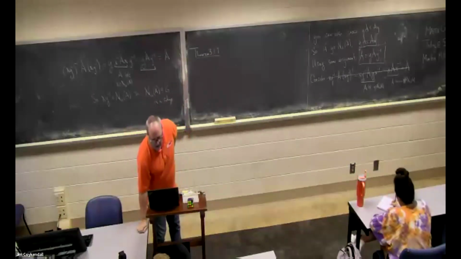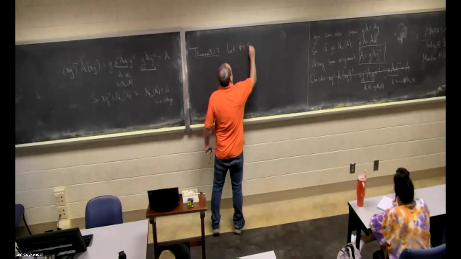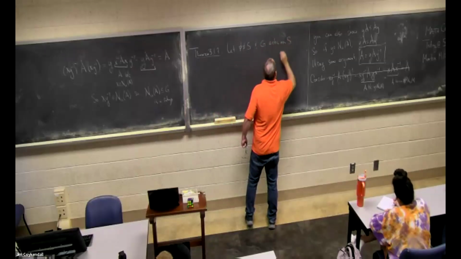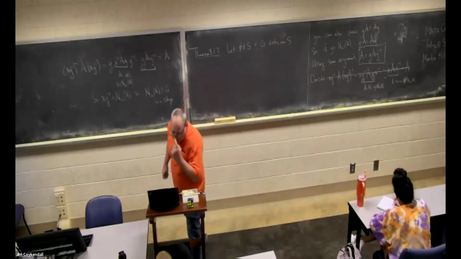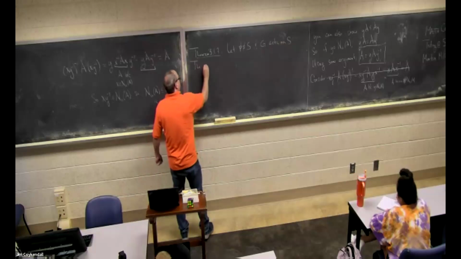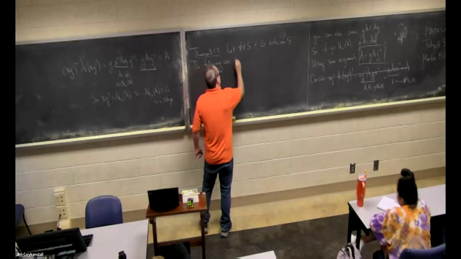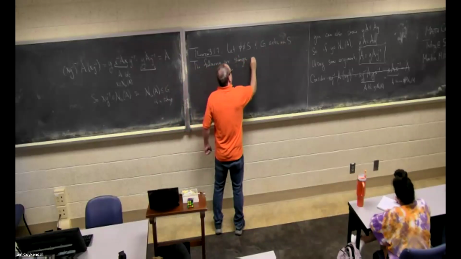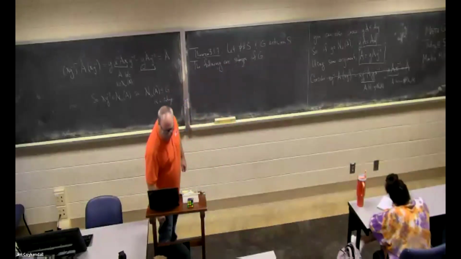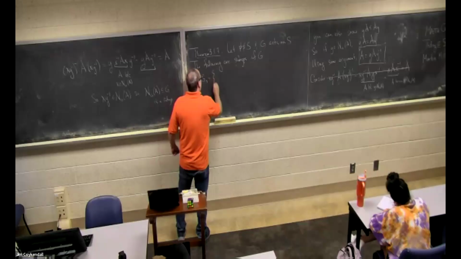Number 7. Let G act on the set S. The following are subgroups of G. First one, G sub S. What is G sub S?